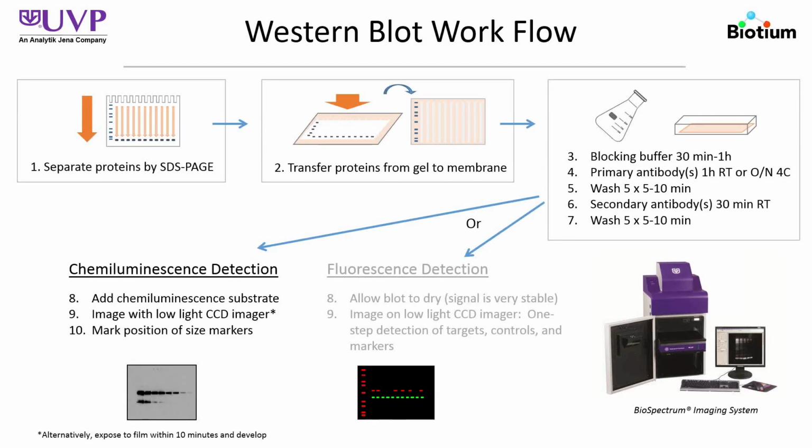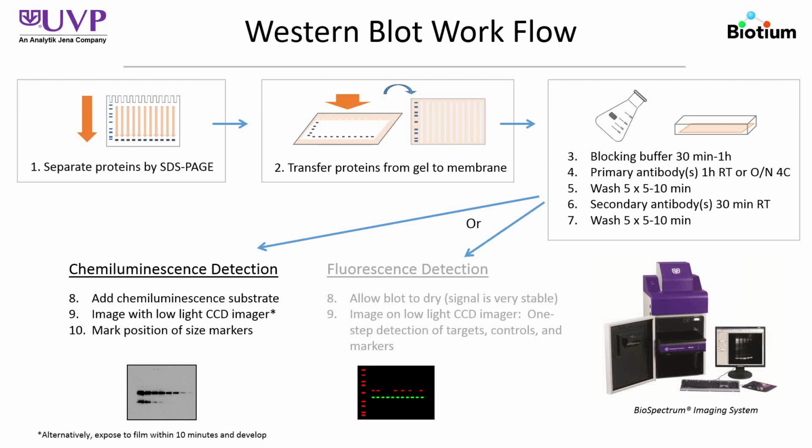Now, the Western blot workflow these days is really very straightforward. It starts with SDS-PAGE, or SDS polyacrylamide gel electrophoresis, separation of the proteins. This could be a lysate, a sample you're interested in that has a specific protein you're trying to identify.